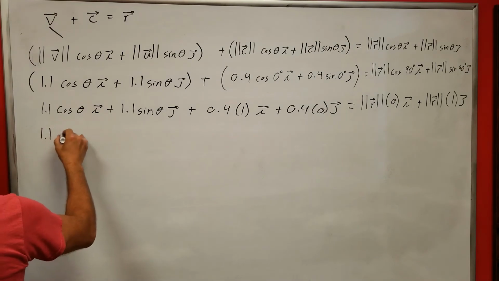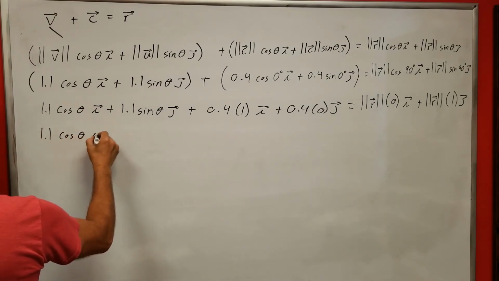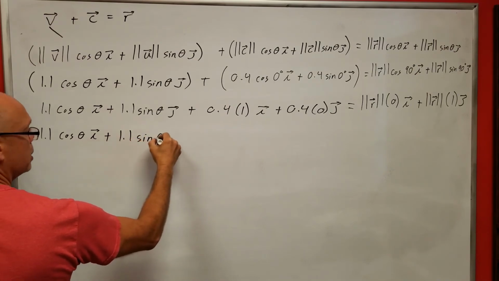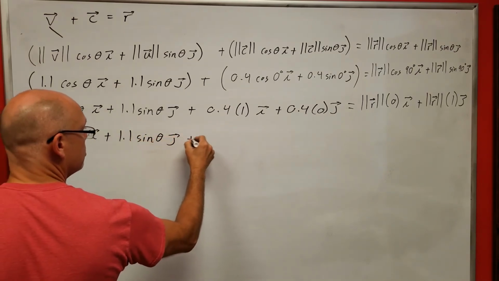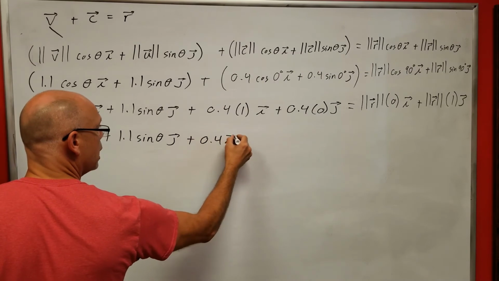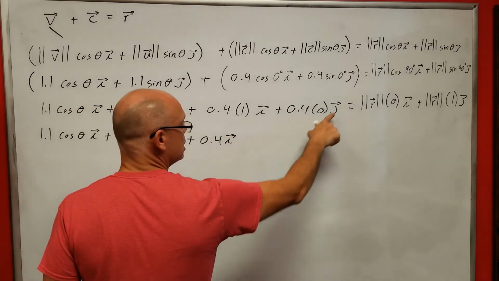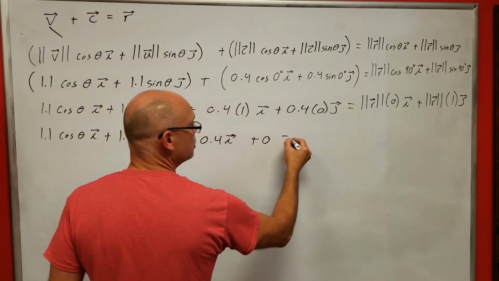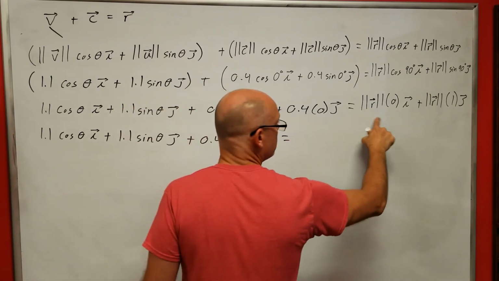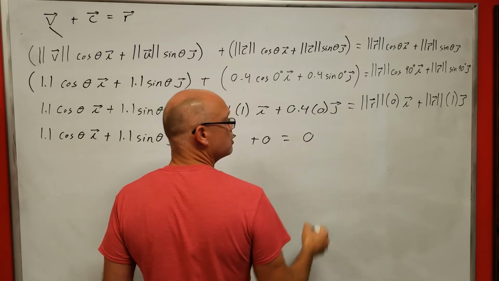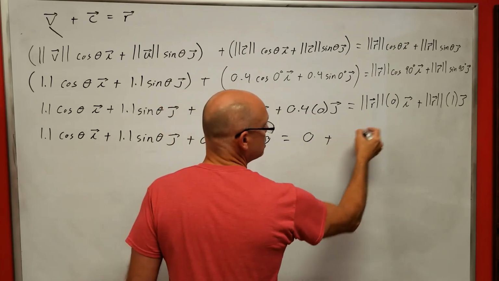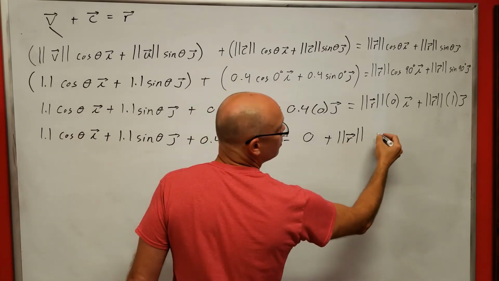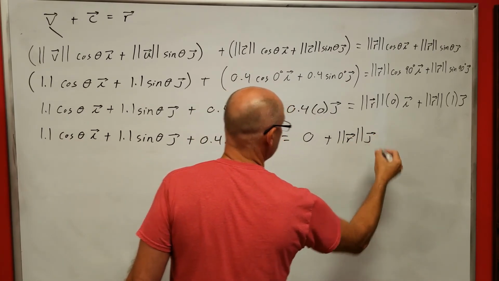So we get 1.1 cosine of theta times I plus 1.1 sine of theta times vector J plus 0.4 I here. What happens with this stuff? That stuff just zeroes out right here, right? So plus 0 is equal to, what happens to this stuff? It just zeroes out as well. Plus the magnitude of R times vector J over there I have.